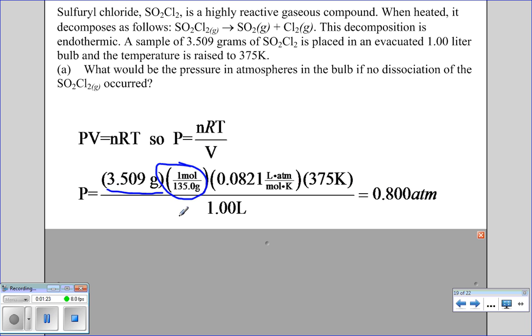So 135.0 is the molar mass I get when I add up 1 sulfur, 2 oxygens, and 2 chlorines. Then I've got my R, my T, and it's all in 1 liter. So the partial pressure is 0.8 atmospheres.